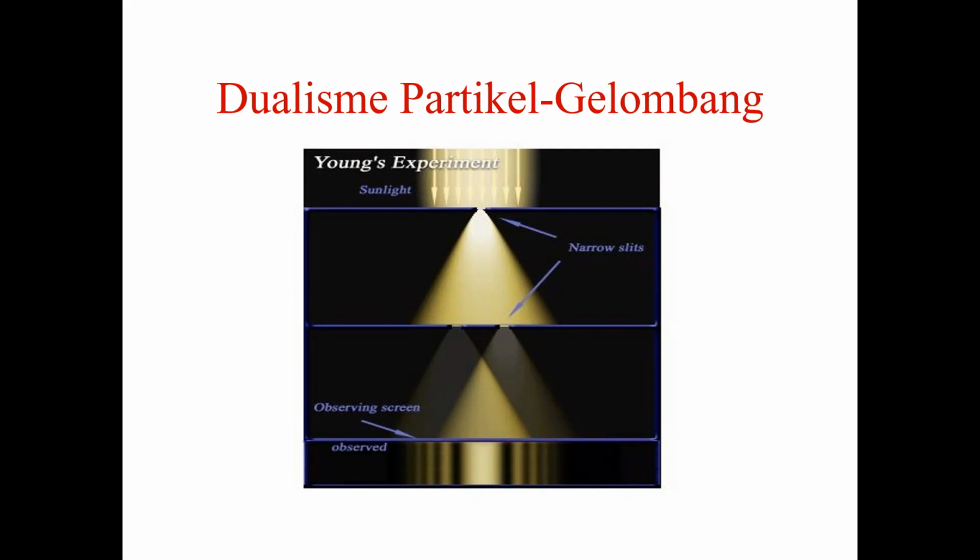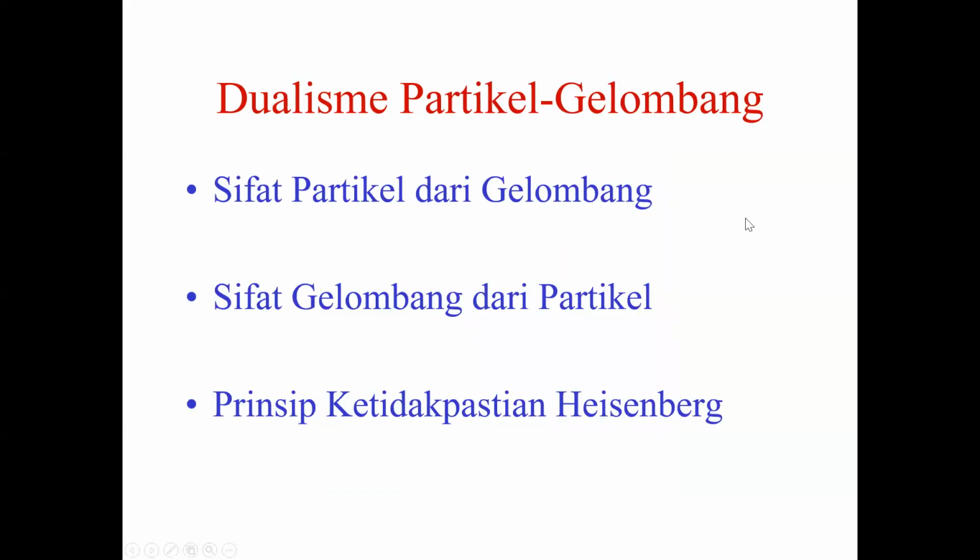Okay, so this is in SAP about wave-particle dualism, or particle-wave dualism. This is the overview of our lecture today. It's about the particle property of the wave and the wave property of a particle, and also the uncertainty principle of Heisenberg.